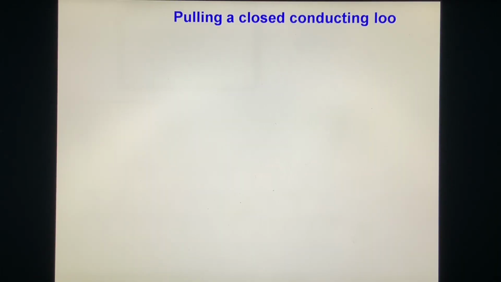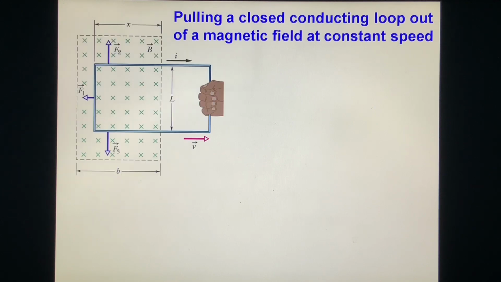Pulling a closed conducting loop out of a magnetic field at constant speed. We look at this case. The magnetic field is limited to a square region inside the page. And we have a loop, and we pull it out of this.